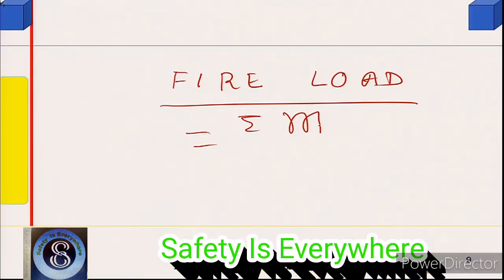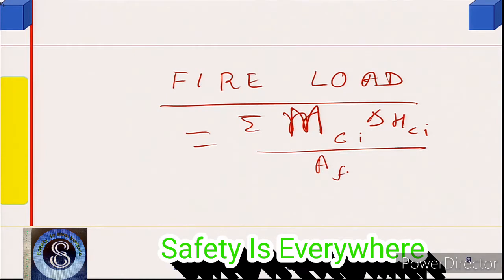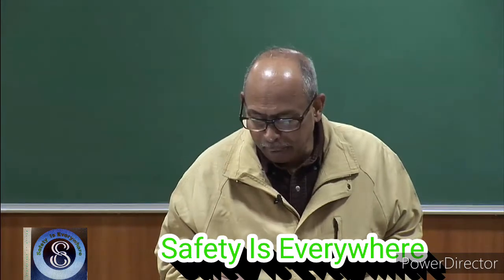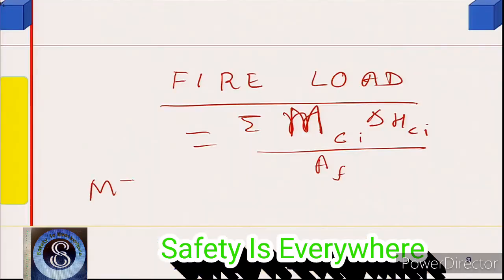Let us use capital M, mass of all combustible material, M_i, let me call this ith material, into delta H_c,i of that material, or heat of combustion of that material or fuel value, divided by floor area. So, fire load I might talk in terms of megajoules per meter square.